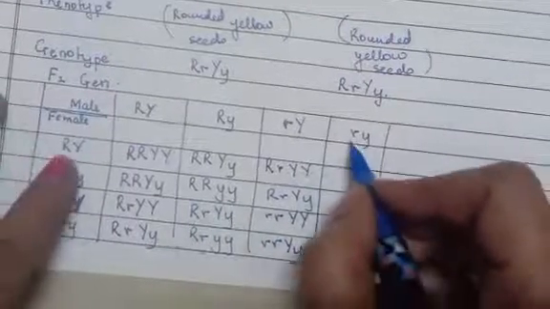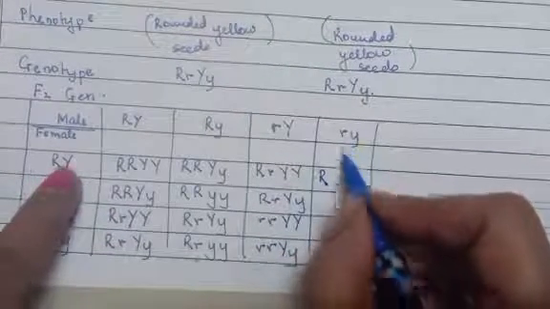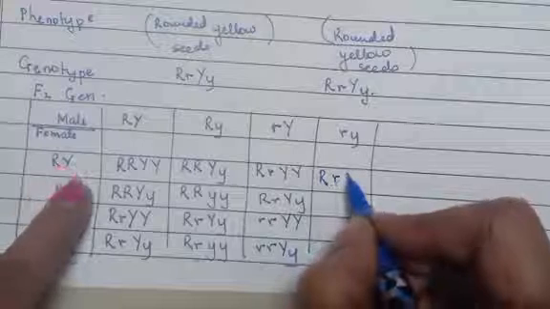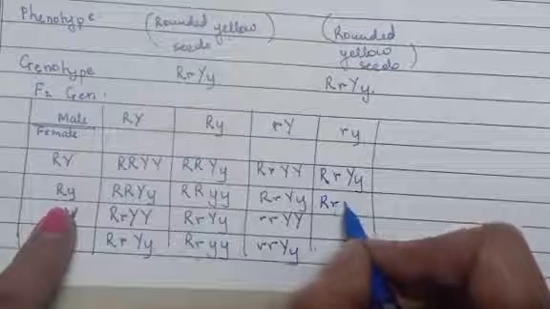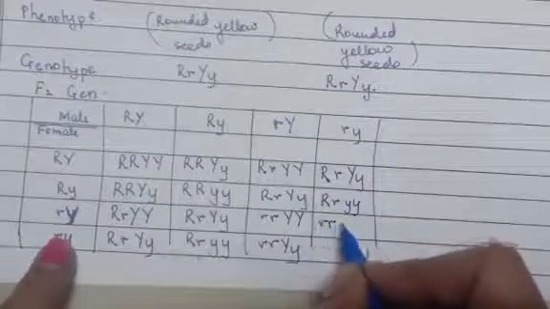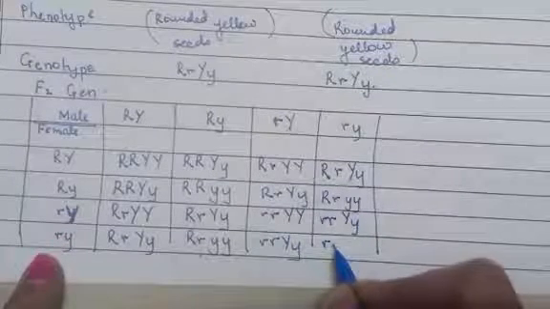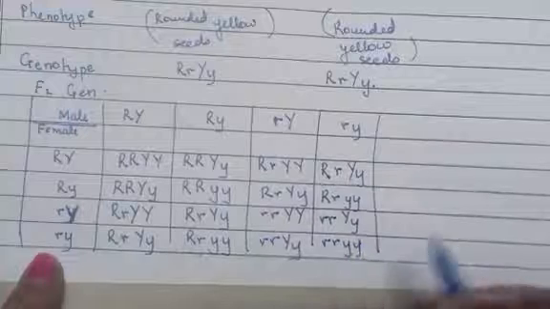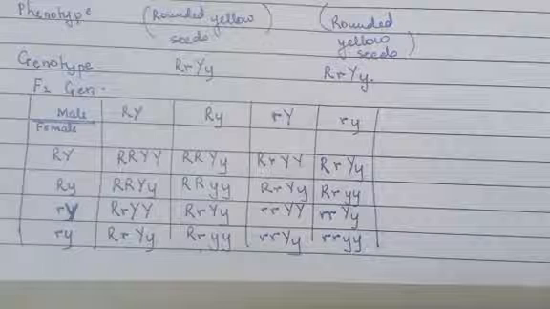And now my last column, R, Y and Y. These 2 now, small r, capital Y, small y. And the last one, r, y and y. So these are the different combinations of genes which we have got.